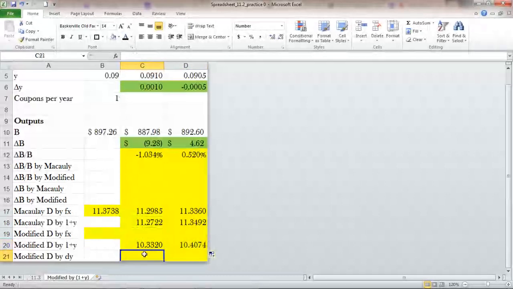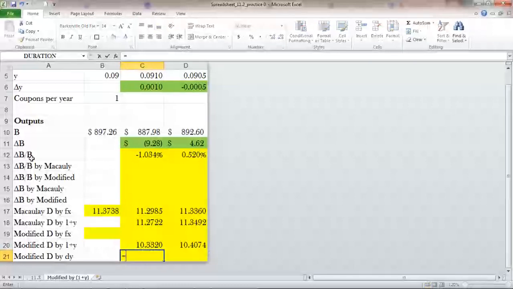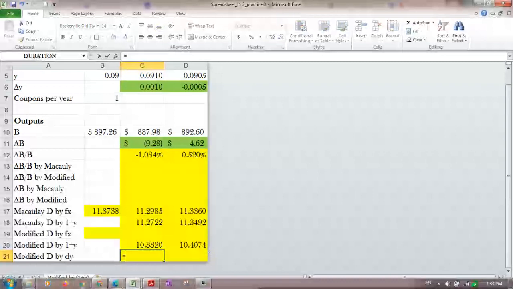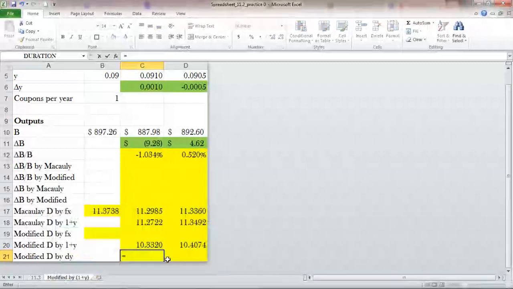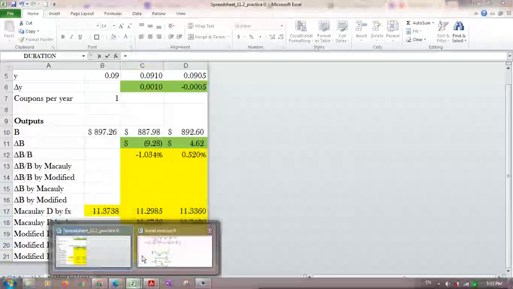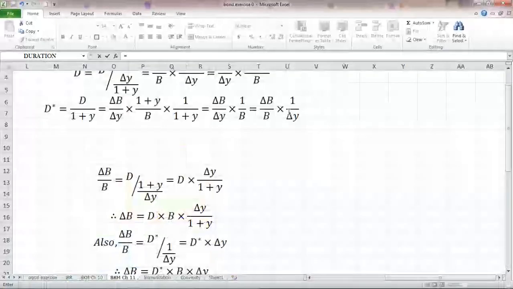And then if I use change in y, right? Delta y, then it's going to be change in b over b times change in. Okay. So it's going to be, we have change in b over b times 1 over, then change in y, so we'll multiply by 1 over y, or divide it by y. Okay.